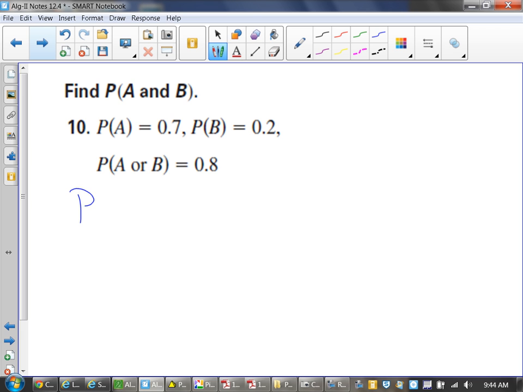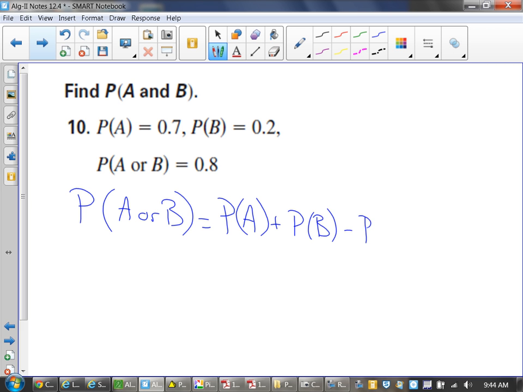Probability of A or B is the probability of A plus the probability of B, subtract out the intersection. It's the exact same problem we just did with the 3s or a spade, but they're giving you all the different probabilities. You just solve for the missing part.